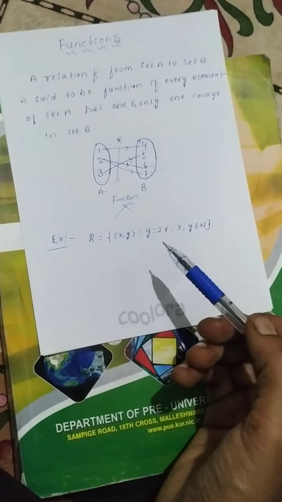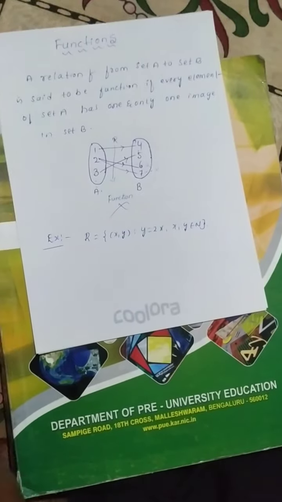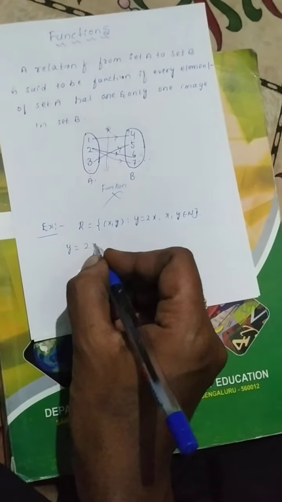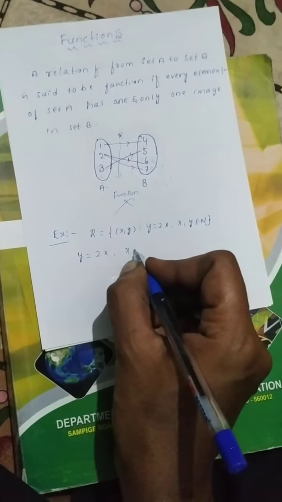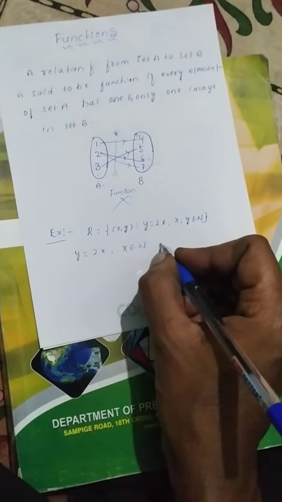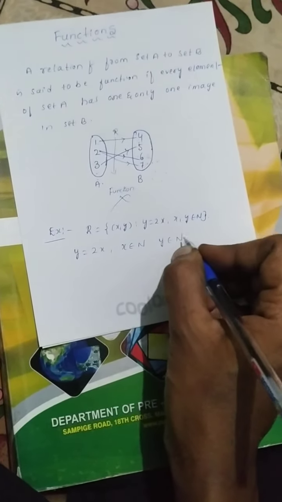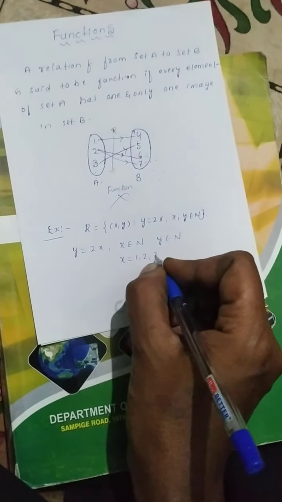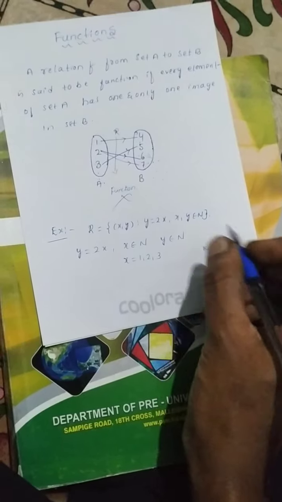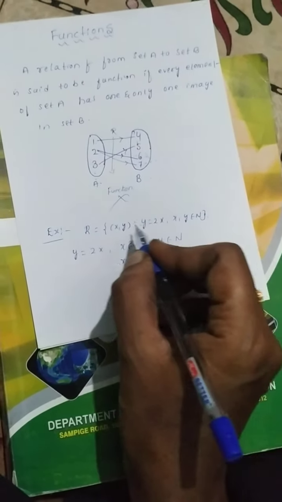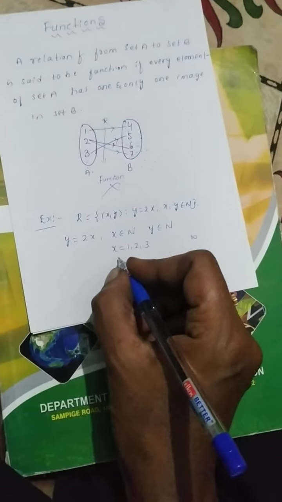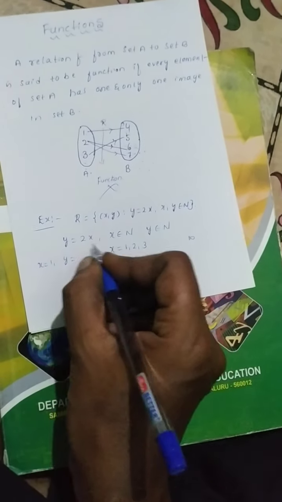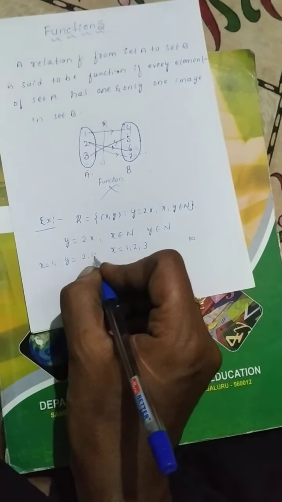We need to check. Since y is equal to 2x, if I take x in the natural numbers, then y is also a natural number. If I start with x values 1, 2, 3, and so on to infinity, because there is no limit for the natural numbers in this relation, then if I take x as 1, y will be 2 into 1, which is 2.